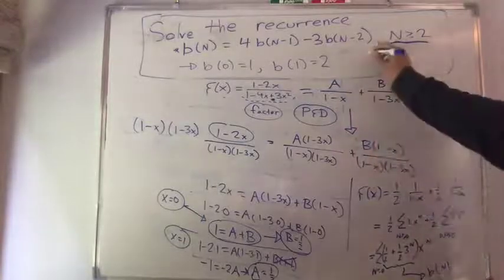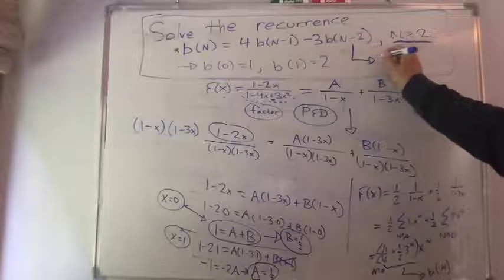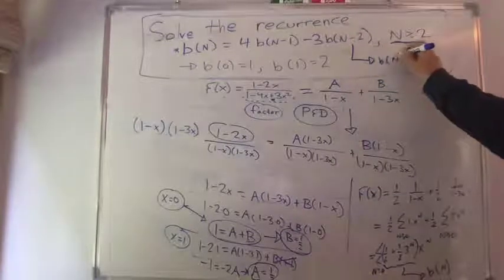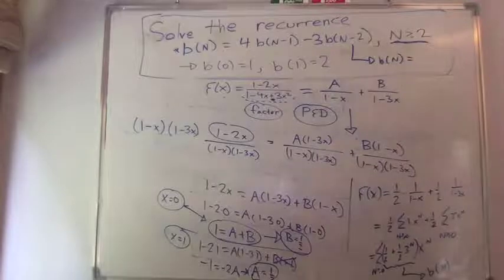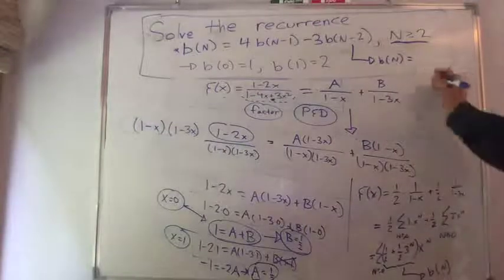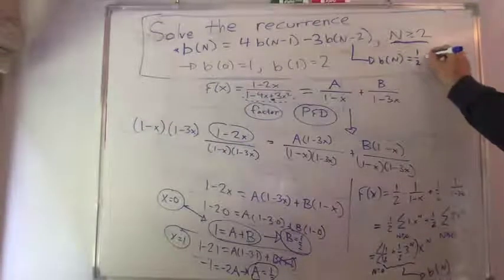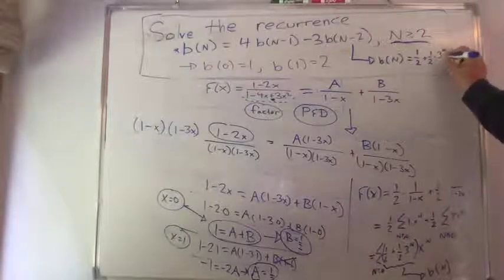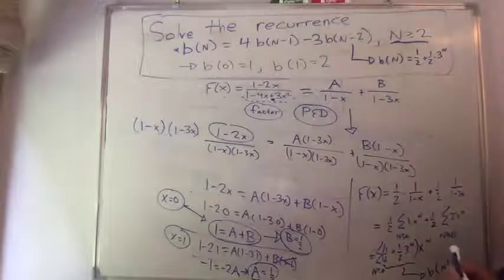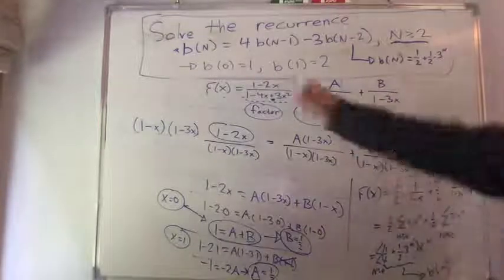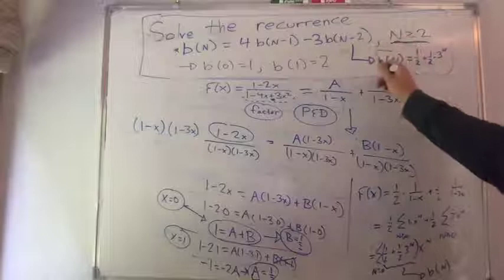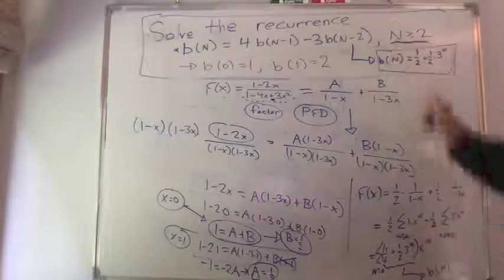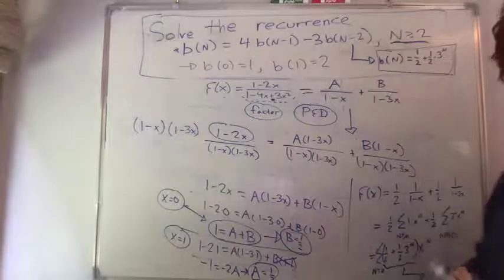We've figured out that the closed form is b of n equals one half plus 1/2 times 3 to the n. And we can check that. We can look at our initial values and do a reality check on that. But that is our closed form solution that we found using generating functions.